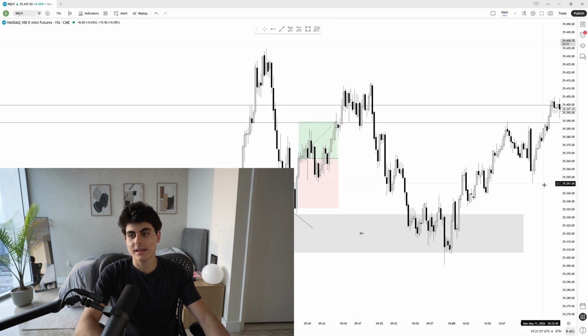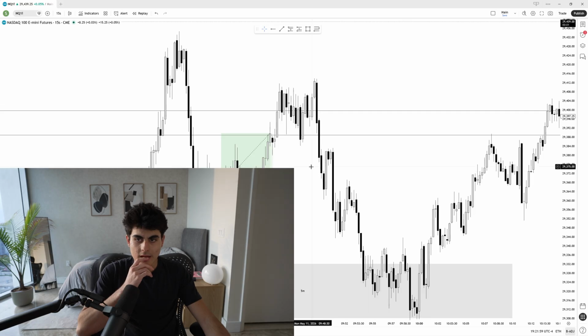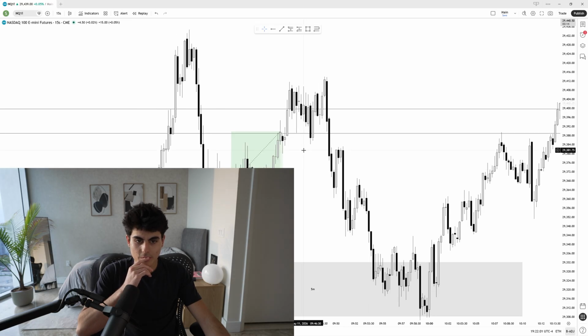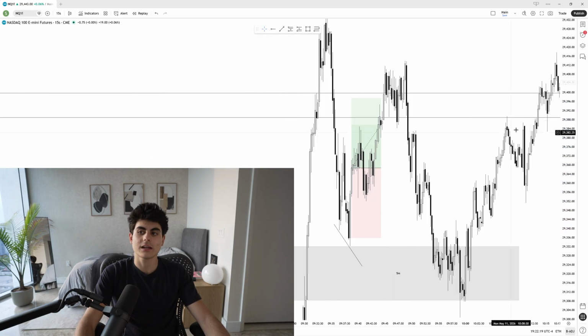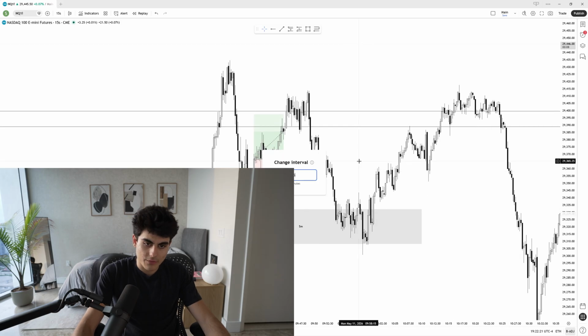The problem is the exit isn't even a 1-to-1, but I guess what makes sense for here would be like go break even once ES takes out a couple of those highs, and then I would just hold to like a 1-to-1. Like if ES took out all time highs here, I'd wait till just a 1-to-1. That's it, and then I'd get out, and then I'd time it really nicely.